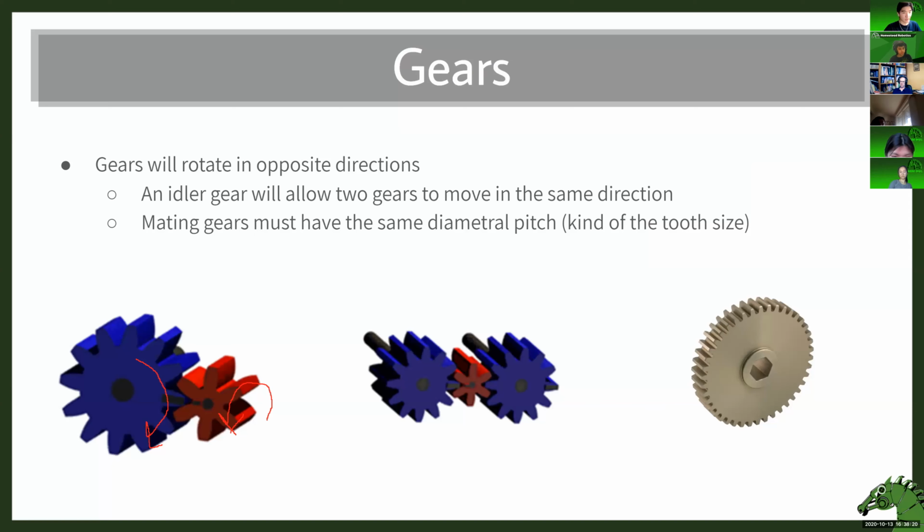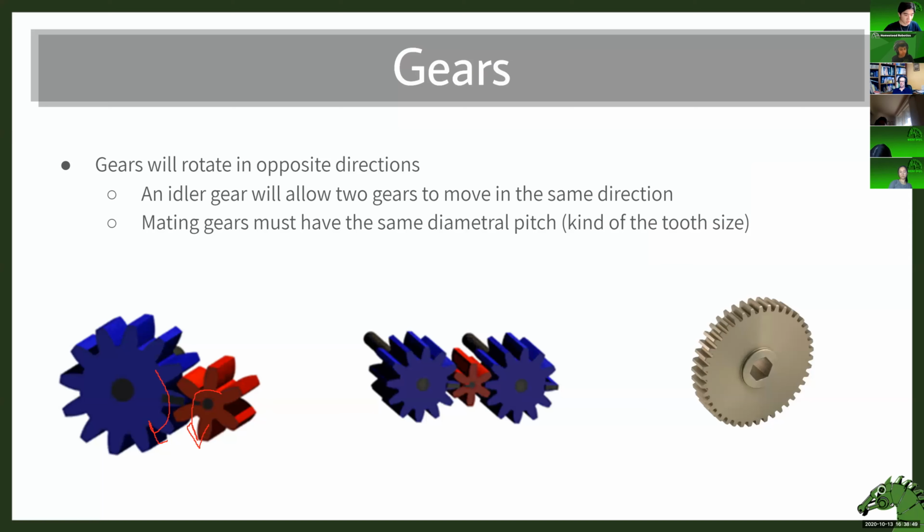Now, an idler gear, right here, or this red one here, will allow 2 gears to move in the same direction. The general rule is, if you have an even number of gears, the input and output will be moving in opposite directions. But if it's an odd number of gears, they'll move in the same direction.